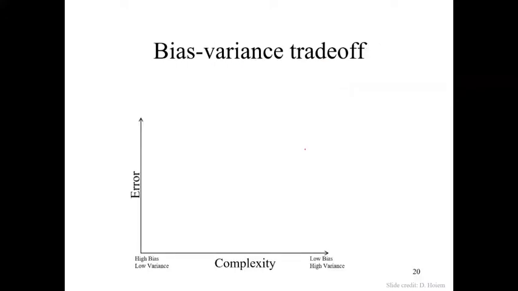Now, let's look at a hypothetical example of how the performance of the model changes. Because what could come to our mind is, when do we stop the training? How do we know when to stop? This is the bias-variance trade-off graph. This is the error. At this level, you have high bias and low variance.